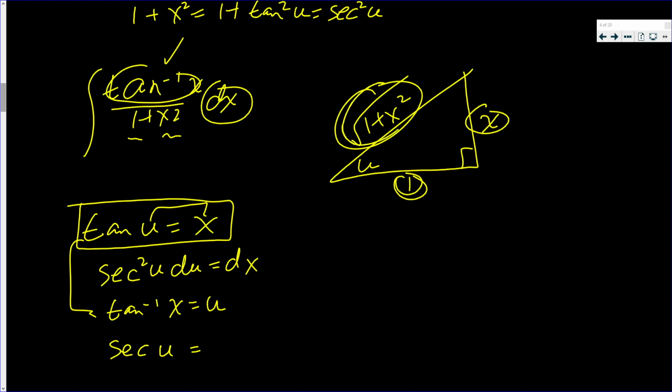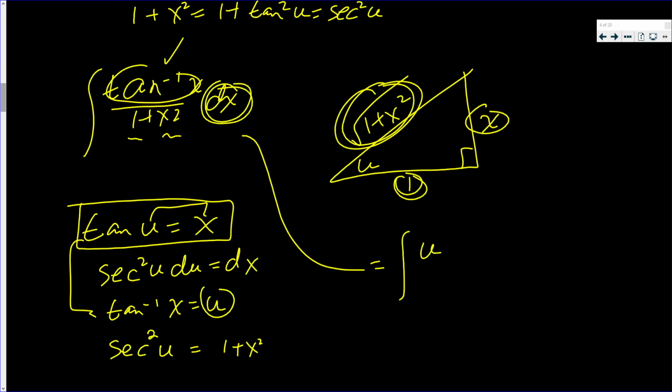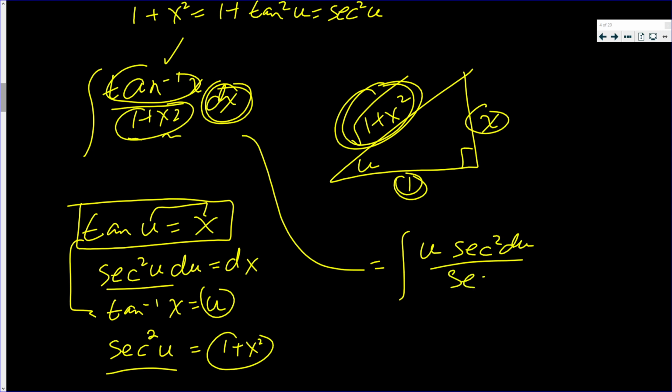Well, I don't want that, but I want that squared, so I square both sides. Okay, so let's come down here. Arctangent of x, that's u. dx, that's secant squared u du, and the bottom 1 plus x squared, look at that, it's secant squared u.